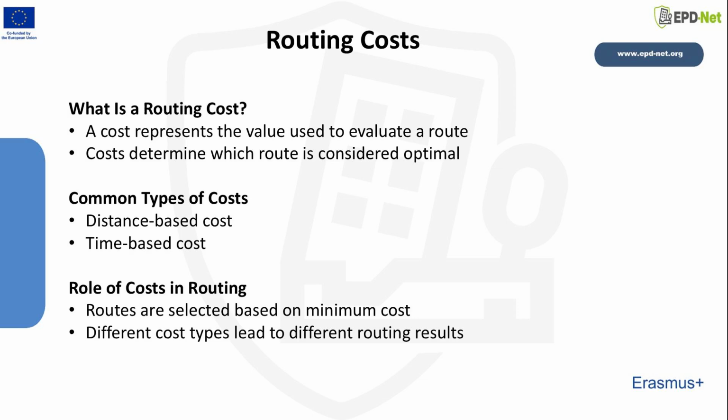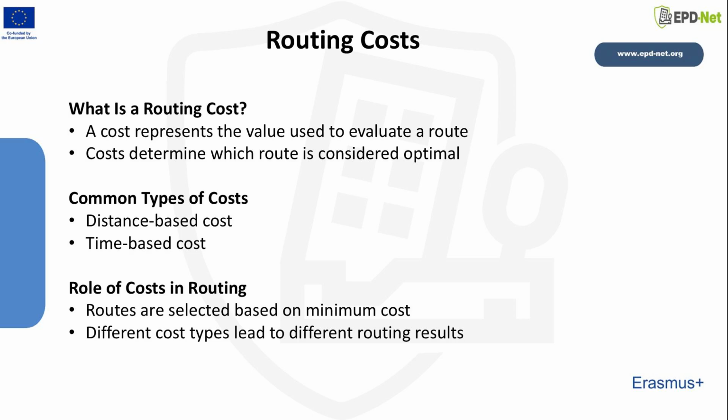In routing analysis, a cost represents the value used to evaluate and compare different route options. Routing costs define how routes are measured and determine which route is considered the most optimal based on the selected criteria. The most common types of routing costs are distance-based costs and time-based costs. Distance-based cost measures the physical length of a route, while time-based cost represents the travel duration required to move along a route.